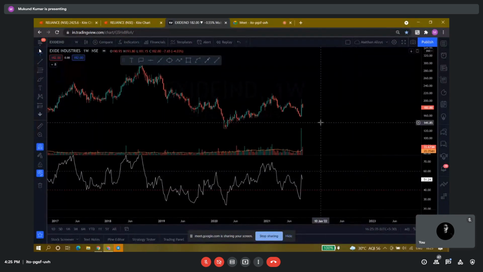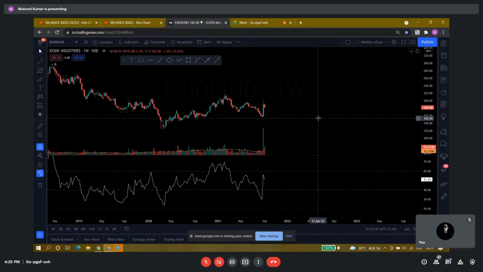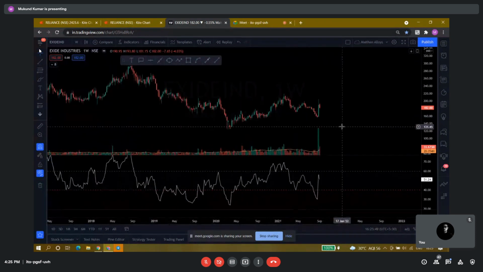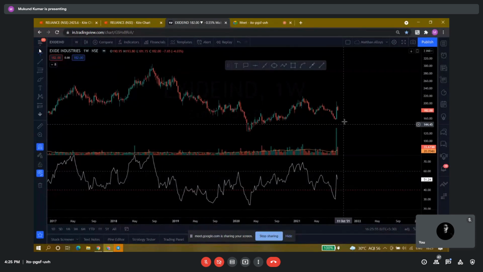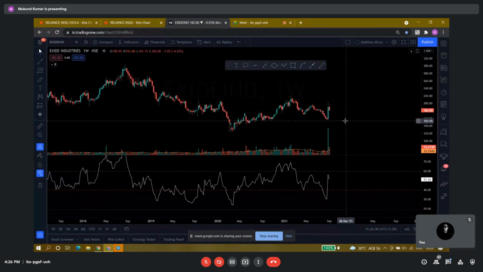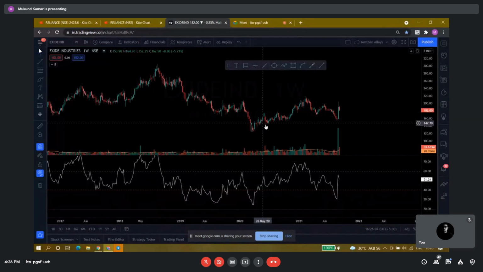Almost it went to the oversold zone. So what is it that we look at to find out that this is going to bounce from that oversold zone? In weekly it already came up, and in daily it bounced back from 30 to almost about 60 levels. So what is it that you look at to find that its RSI will bounce from 30?